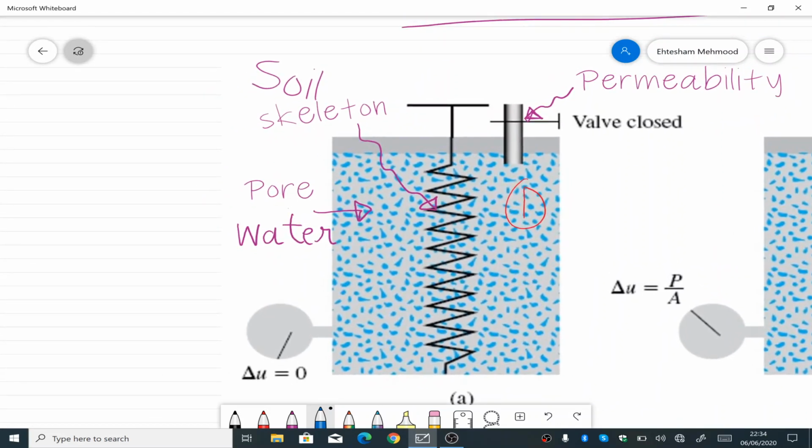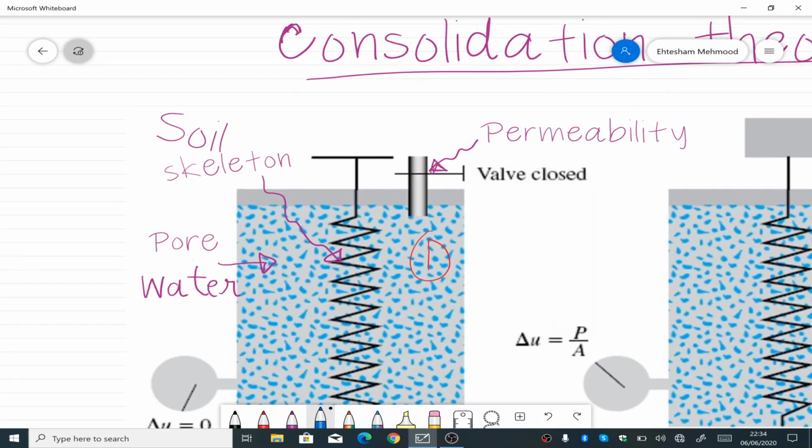You see that we have a cylinder, and in the cylinder there is a spring, and then there is a valve that will allow the water to move out. The analogy between the spring cylinder model and the soil is that the spring represents the soil skeleton, the water inside the cylinder represents the pore water present inside the voids of a saturated soil, and the valve represents the permeability.